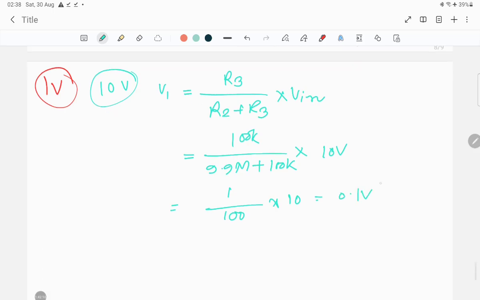From 0.1 volt you have to go to 1 volt, so there will be an amplification factor of 10.